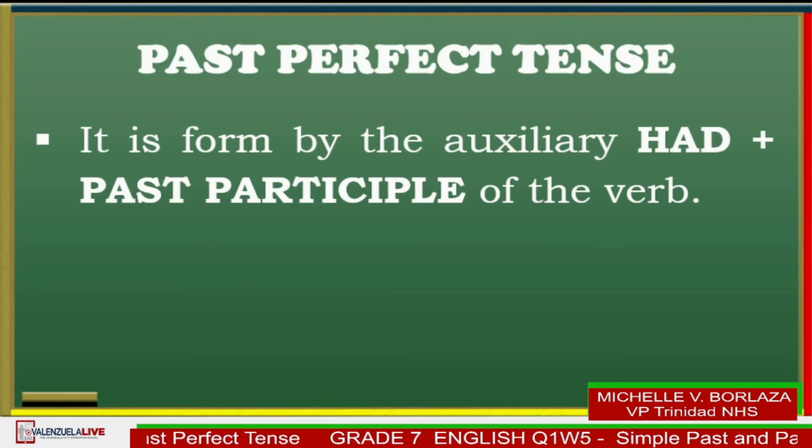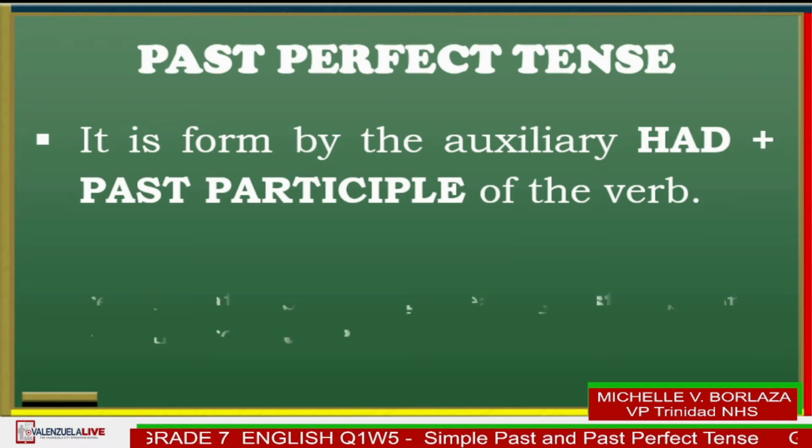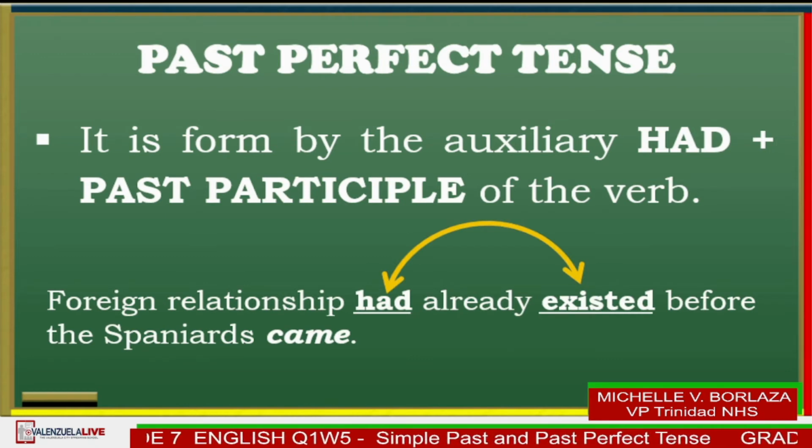Past perfect tense is formed by the auxiliary had plus the past participle of the verb. Just like in our example, foreign relationship had already existed before the Spaniards came. Had existed is our past perfect tense.